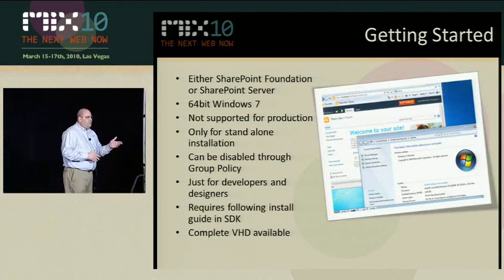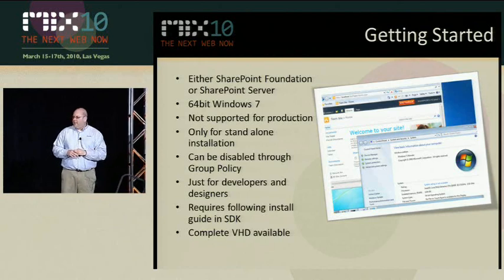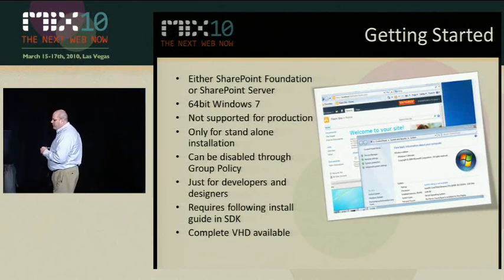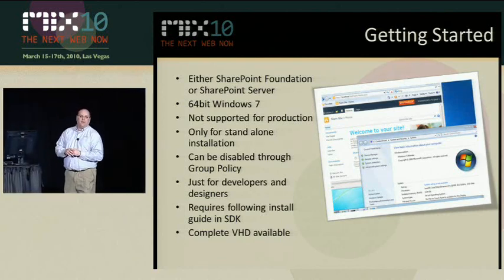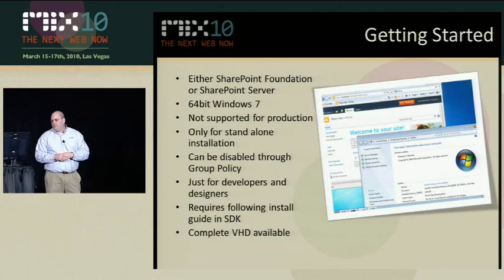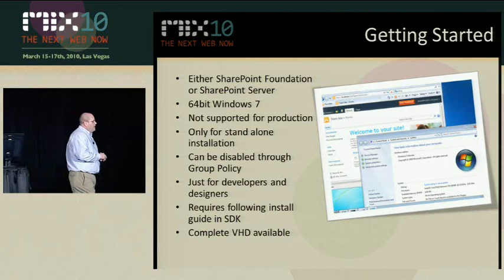There is some work to do in installing, so you have to follow the instructions in the SDK, which tells you how to tweak a few config files that will allow you to install on Windows 7. If you're an IT pro, as an organization, you can also turn this off through group policy if you don't want your people doing this.